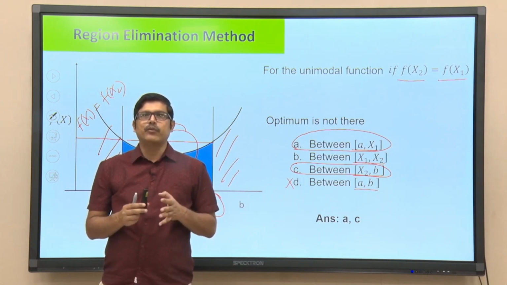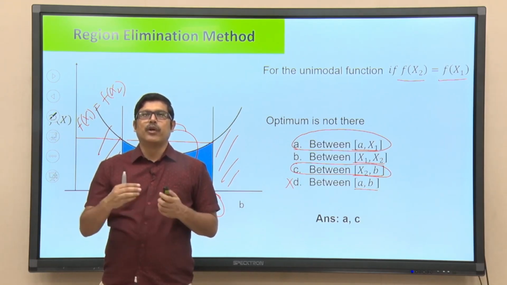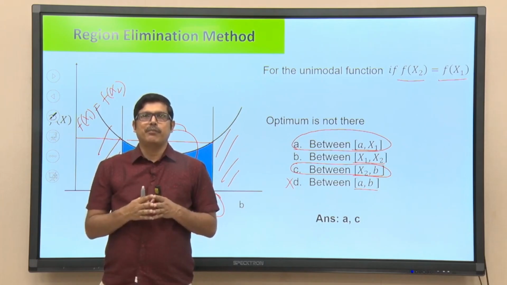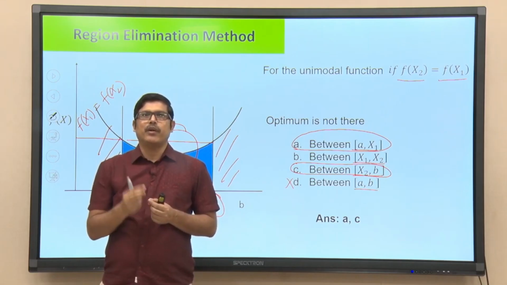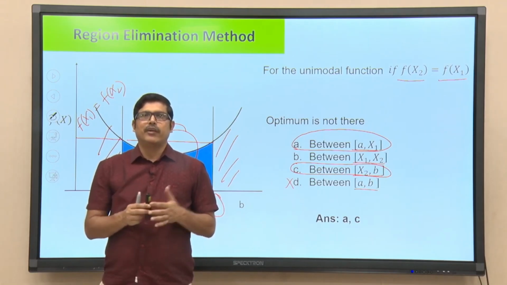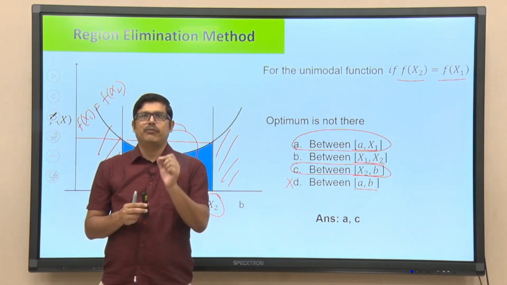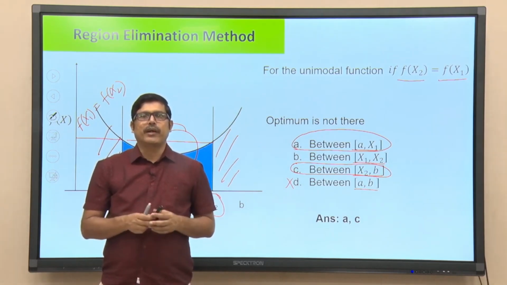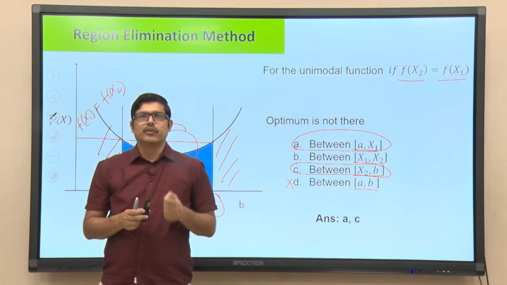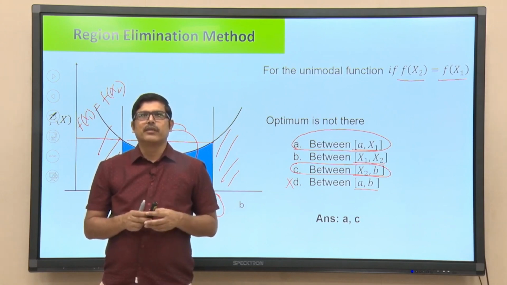With some iterations, the area will be eliminated and finally you will get a very small region where optima is there, and if your precision is satisfied, then we can declare that particular point as the optimal solution.